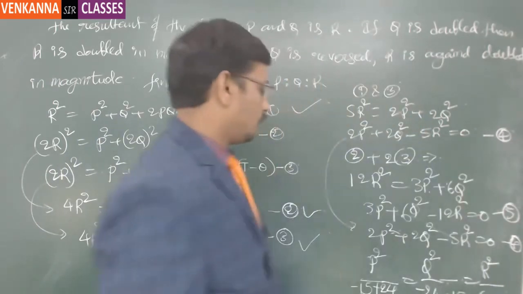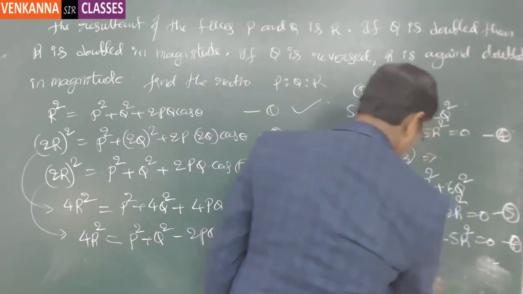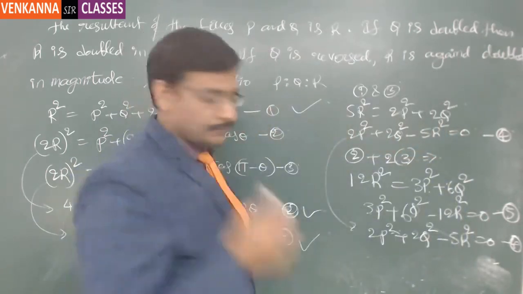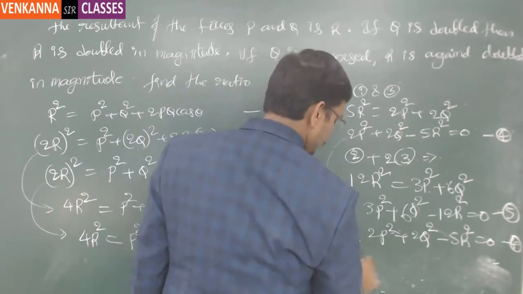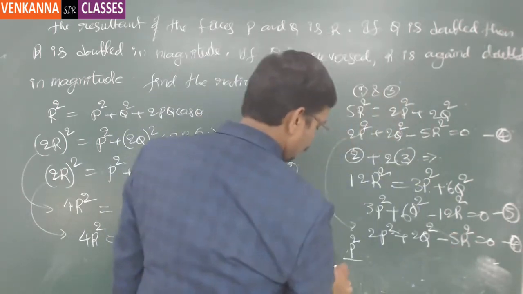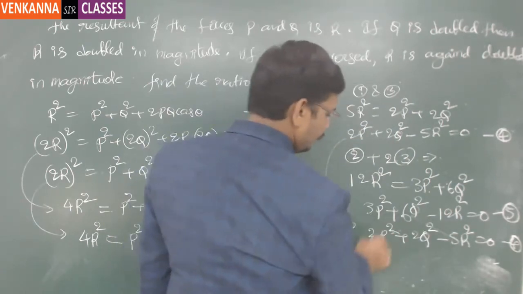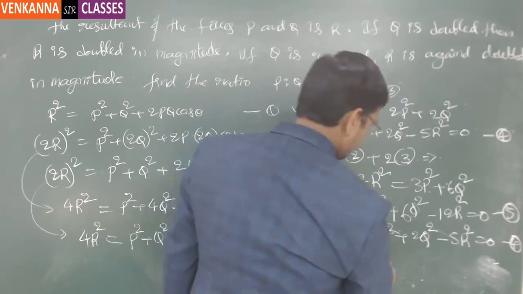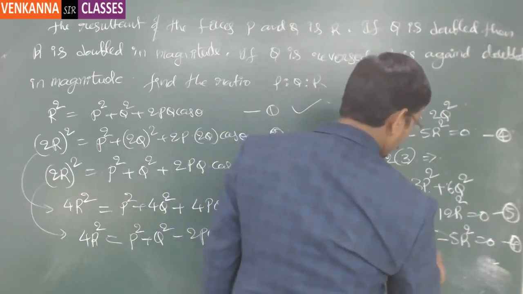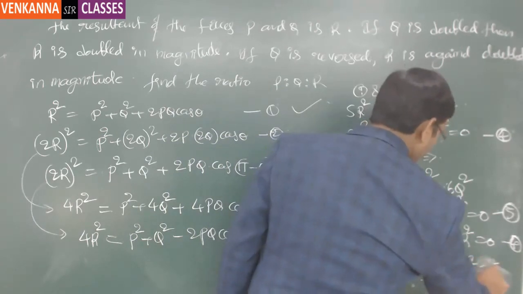So from this we can rewrite. P square divided by AD minus BC, so 6 into 5 minus 30, or you can simplify this equation further: p square plus 2q square minus 4r square equal to 0.